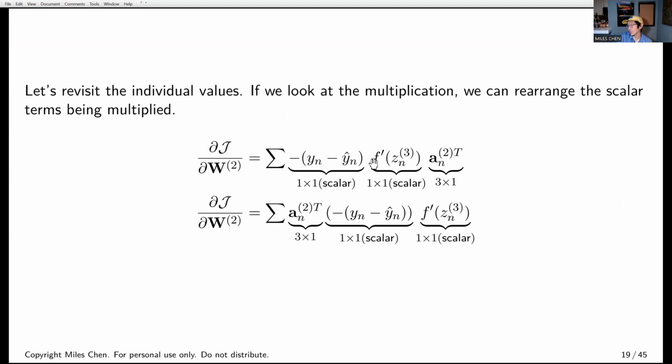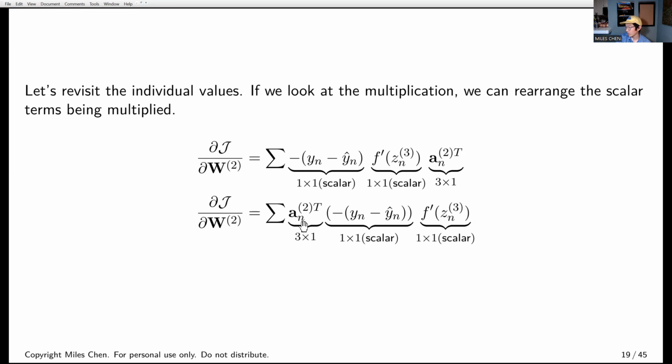This is allowed in regular math: if this is a scalar and this is a scalar and this is a column, with multiplication I can move these elements around and I haven't done anything wrong, because if we're multiplying scalars, the same elements are being multiplied. So I'm going to rearrange these terms like this.